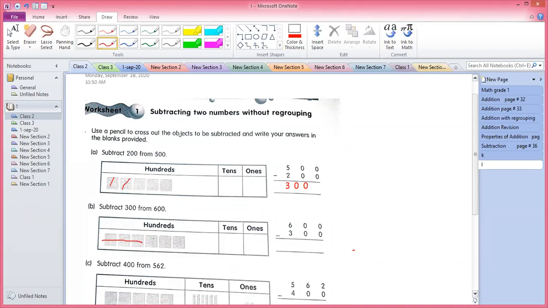Count with me. 1, 2, 3. How many hundreds are left now? 3 hundreds. So only 3 hundreds are left. This is the answer. 300.